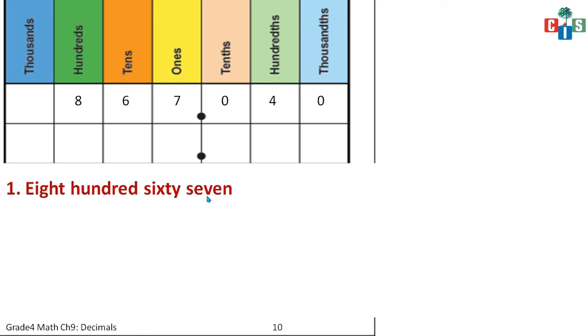Yes, so I can have 867 and then you have a point, and then what is there? Here 0 is there, here 4 is there and here 0 is there. So what will I write here? In the tens place there is nothing, so nothing will come for the tens place. On the 100th place there is 4, so I will write 04.